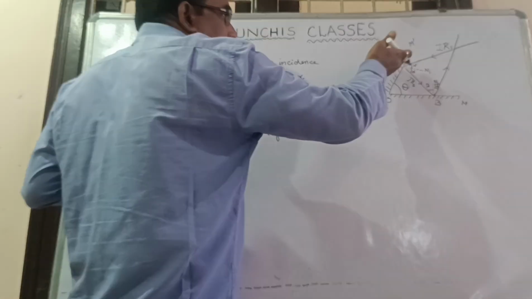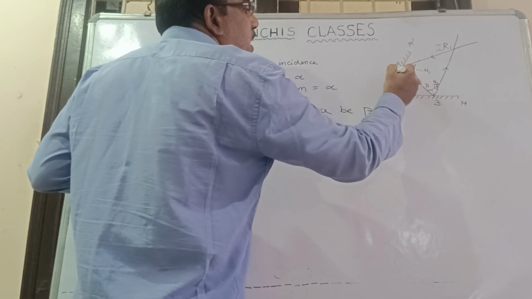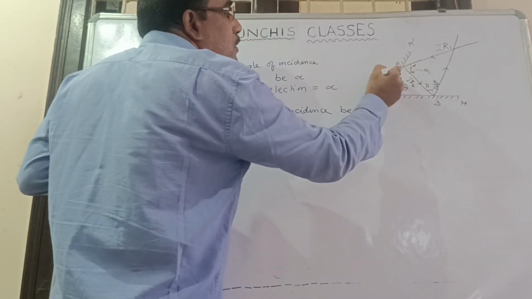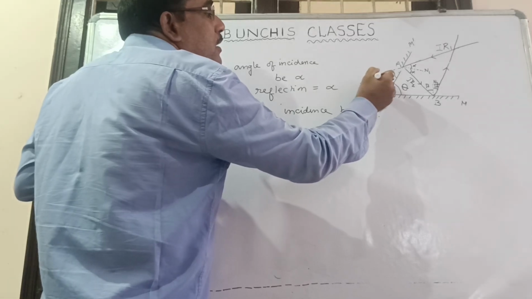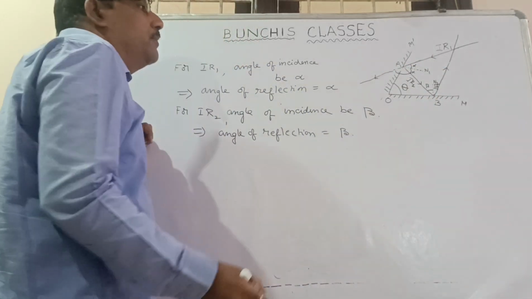For IR1, what is the deviation? Let this incident ray go like this. It has to go like this, but it has deviated. Let this angle be delta 1.